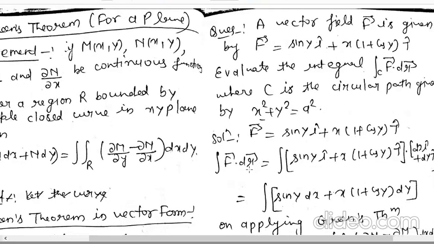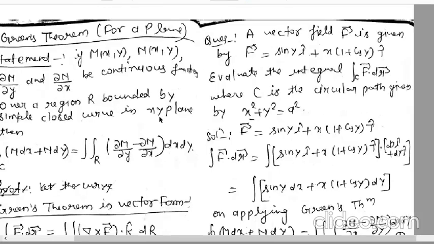So Green's theorem is, for a plane statement: if M(x,y), N(x,y), del M upon del y, and del N upon del x are continuous functions over a region R bounded by a simple closed curve in the xy plane.